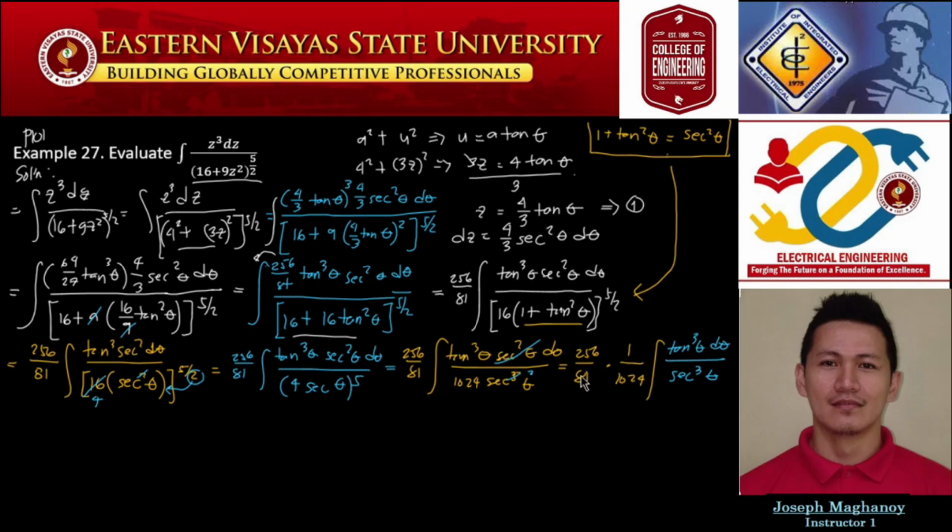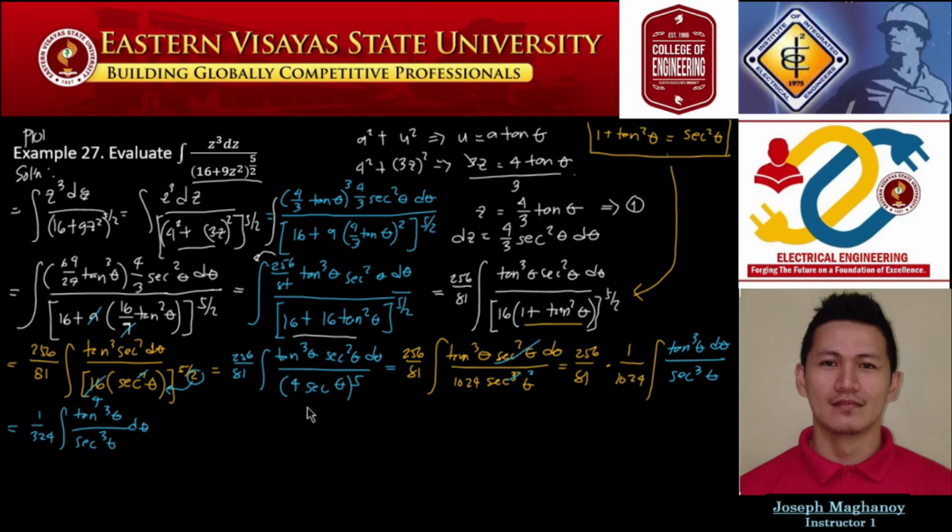Okay. So we multiply 256 all over 81 times 1024, that is 1 over 324 integral of tangent cubed theta all over secant cubed theta d theta.